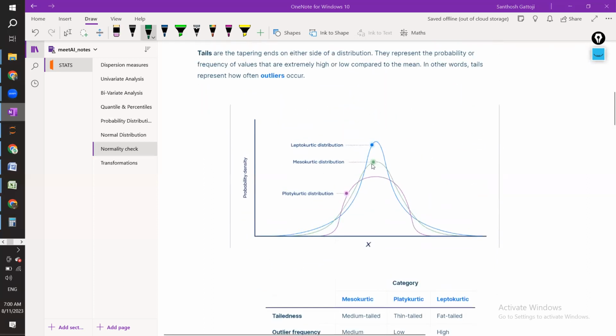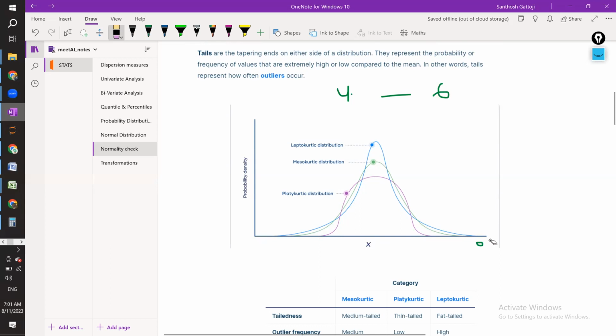Most values can be found inside the distribution. If you take height, 4 to 6 is a usual height. But if your height is extremely low, like 2, or like 10, that will become an outlier, and you will have it at the extreme ends, the tails part. That's why tails are the location where there is more possibility to find outliers.